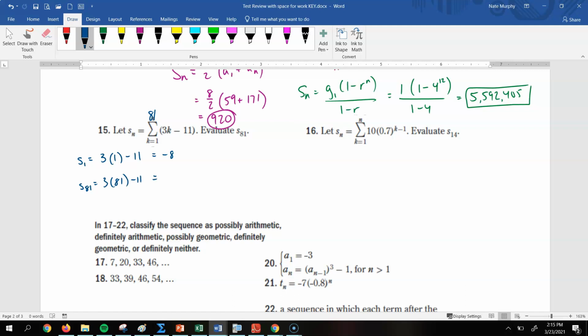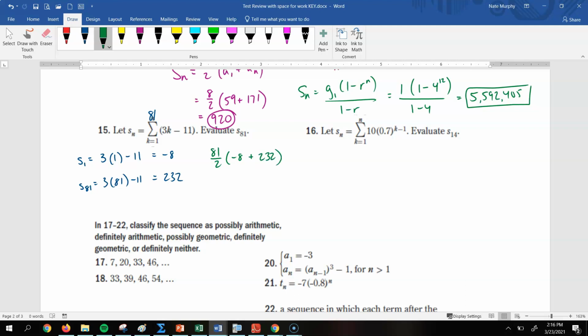And so when you do that on your calculator, you end up getting 232. So the reason why I did that is so now it makes it really easy to find the sum of that series. Because then all we need to do is just take n divided by 2, which would be 81 terms, times our first term, which we found to be negative 8, plus our last term, which we found to be 232.